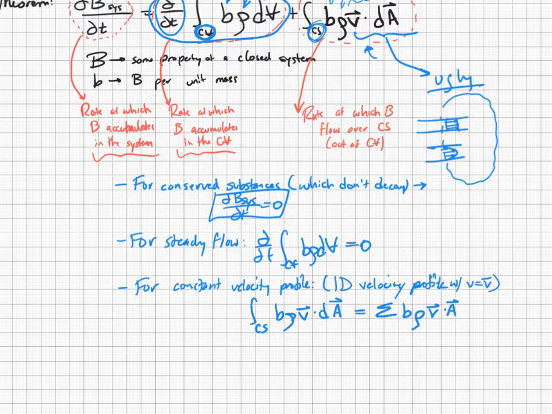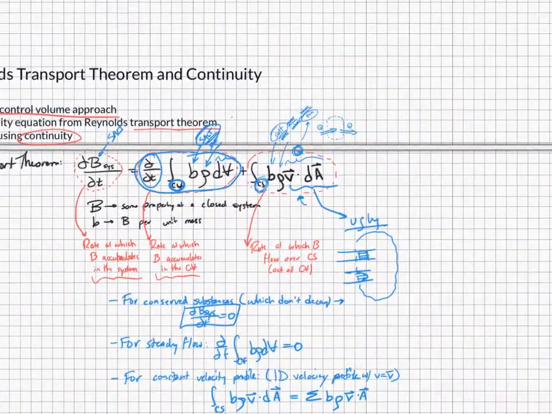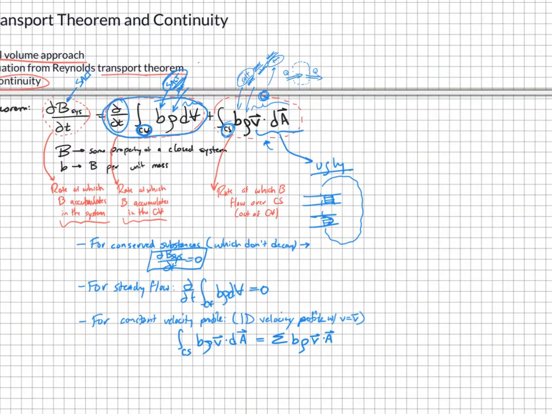Now, ultimately I'm going to do this a lot simpler in general, but let's talk about this for mass. I'm going to do this where we can still see the original. If B equals mass, then lowercase b is mass per unit mass. What's mass per unit mass? It's just the number 1. So that's going to make this whole thing a lot simpler.